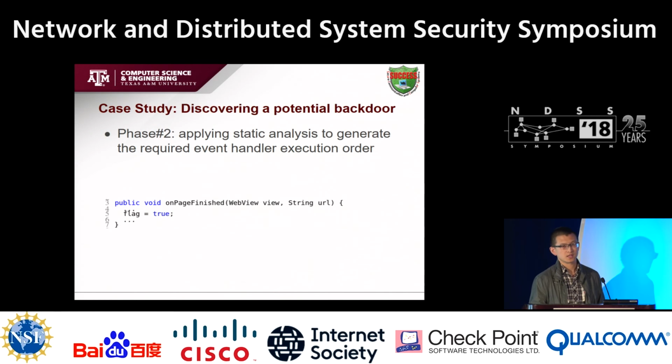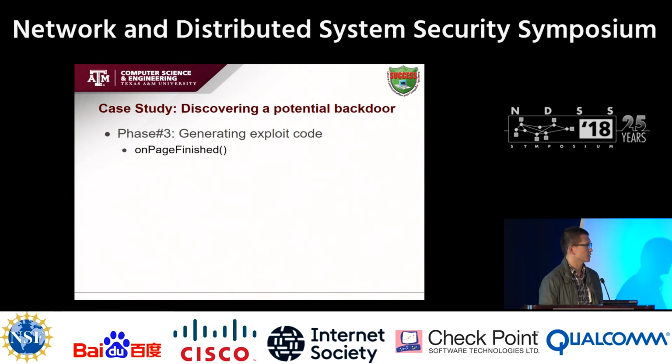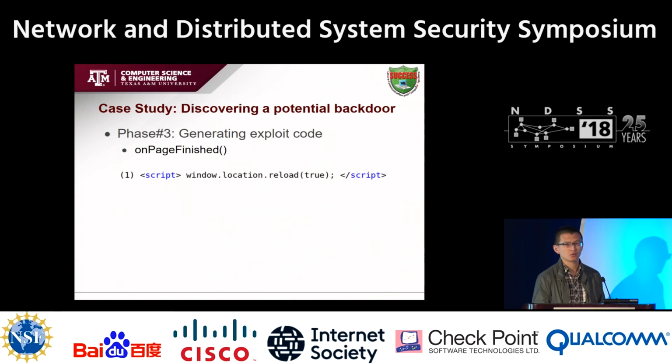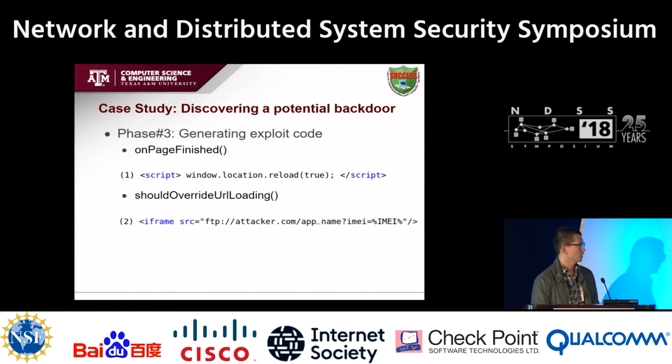Finally, we found that there is another event handler that can change its state, and we can generate this event handler execution order, from onPageFinished to shouldOverrideUrlLoading, and finally generate the exploit code. This is based on our existing study results, so we can just map the event handler to the corresponding code. And finally, this is the exploit code that can trigger that vulnerability.